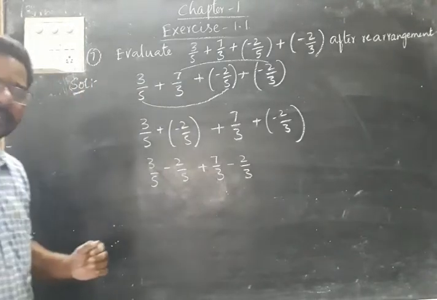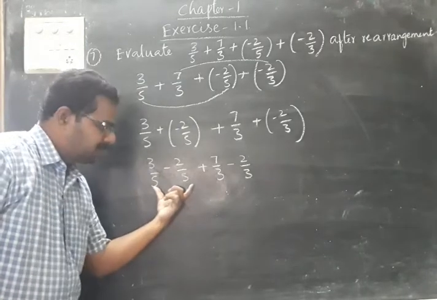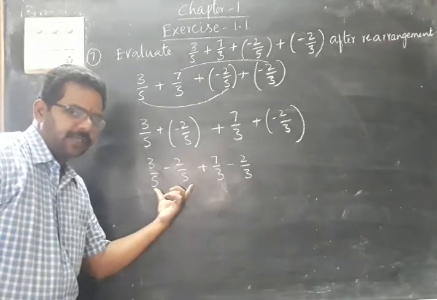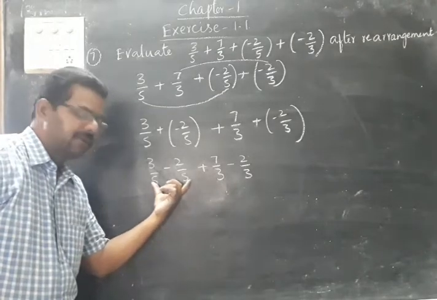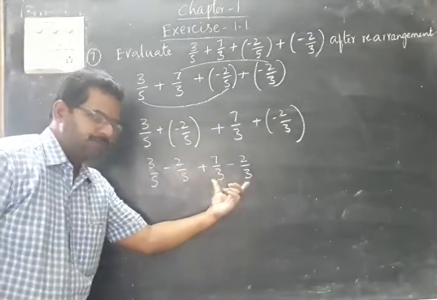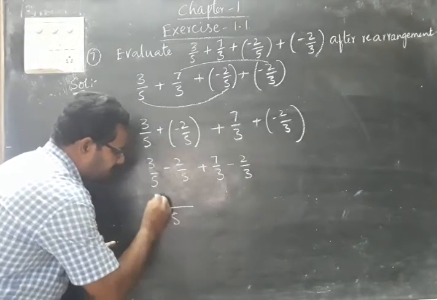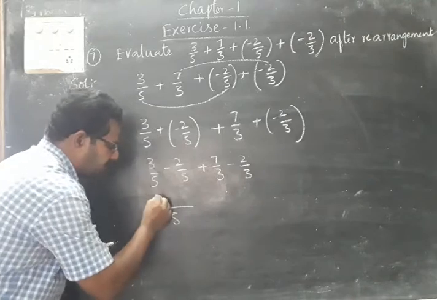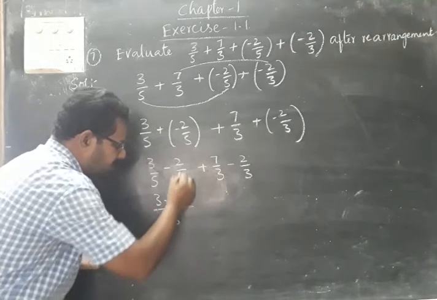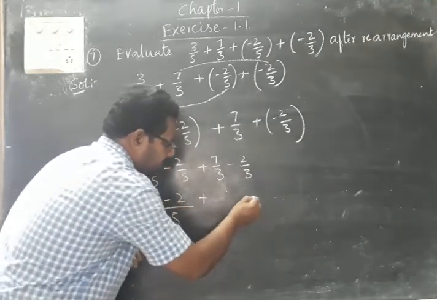If you rearrange like this, first we can find out the LCM and simplify these two, and after that these two. First we take this: 5 is the LCM. 5 1s are 5, 3 1s are 3. 5 1s are 5, 2 1s are 2. Here also 3 is the LCM.